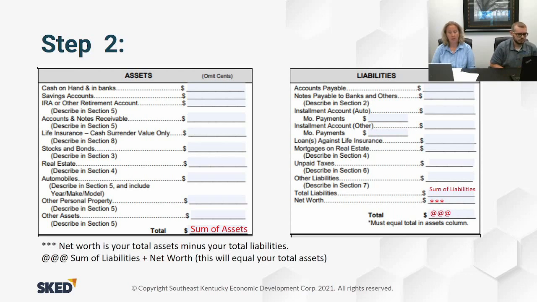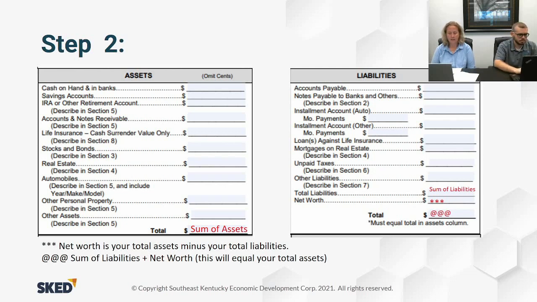Automobiles, same thing. Just put the total here, and then in Section 5, you're going to put more information. Other personal property, say you have a coin collection that's worth a significant amount of money, you could put that there. Or any other valuables that you've collected. Maybe you collect art, and there's value there. You could put that there.